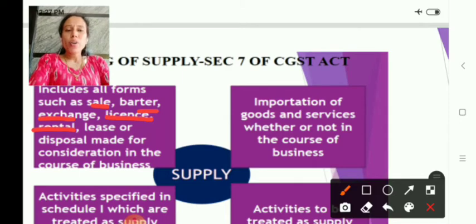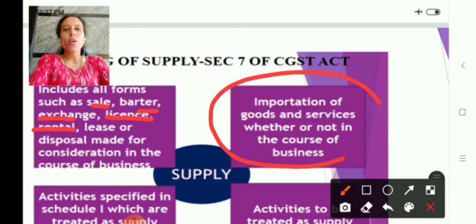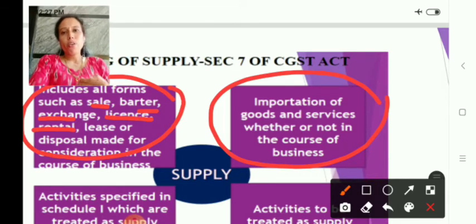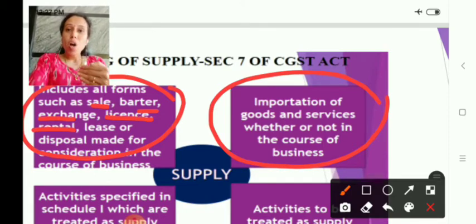Now the next one is that the importation of goods and services, whether or not in the course of business, is considered as supply. Here, to consider as supply in the first concept, it should be in the course of business. In the course of business means it should be a part of business activity. If a person gives anything to somebody not in the course of business, it is purely personal in nature, then it is not considered as supply under GST.